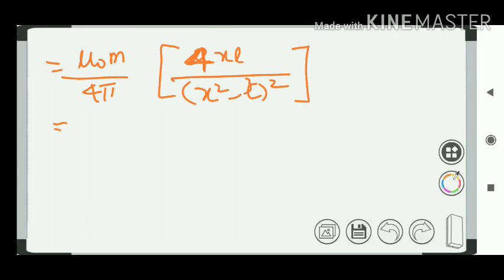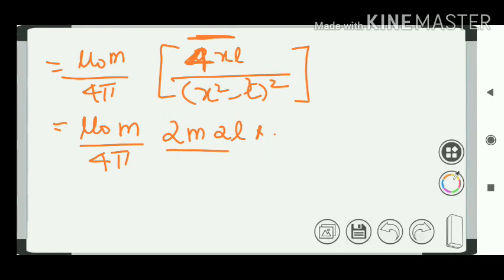Right, that is equal to mu 0 M by 4 pi. Right, this one I am going to divide a little bit. Let's say I can write it as 2M, 2L into X, right, divided by X square minus L square whole square, right? Why did I write it? Because you know what is pole strength into distance between the poles, M into 2L, that is your magnetic moment, right?